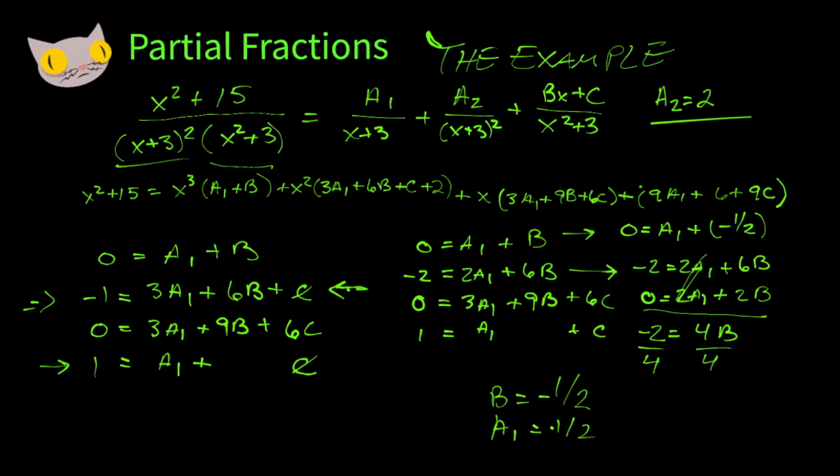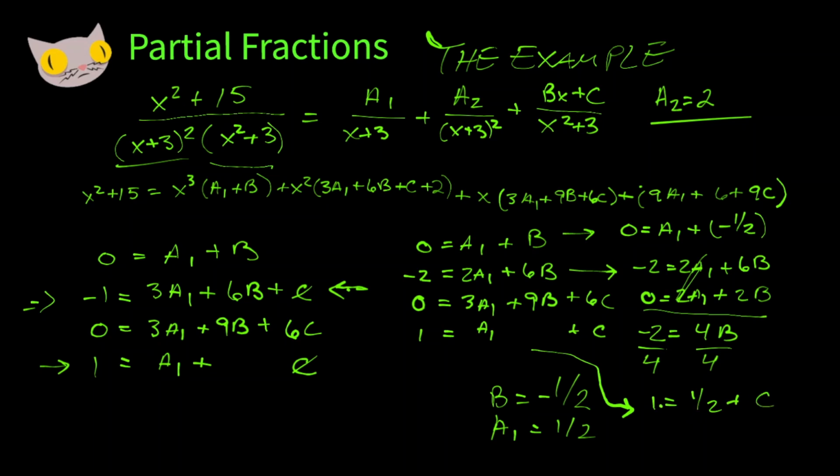a1 is equal to +1/2. All right, there we go. And now that we know that a1 is +1/2, we can figure out what c is. It's getting kind of messy. I hope you're following along, and I hope you're not lost. 1 is 1/2 plus c.